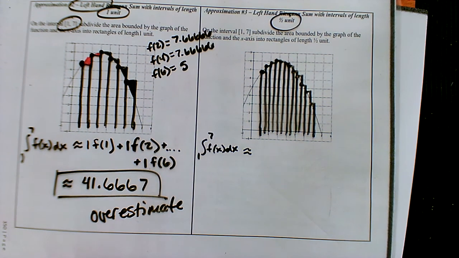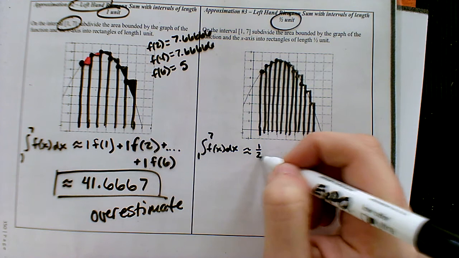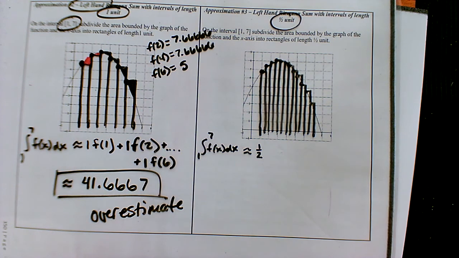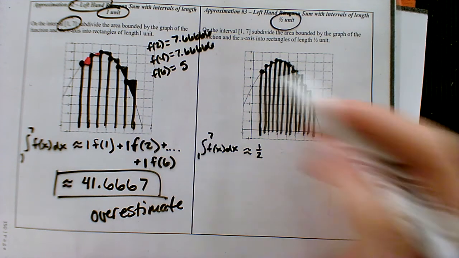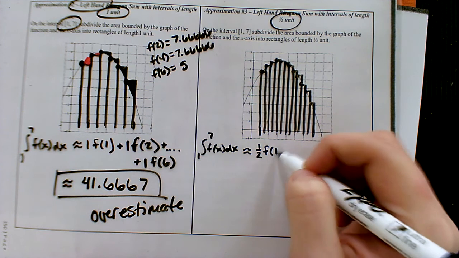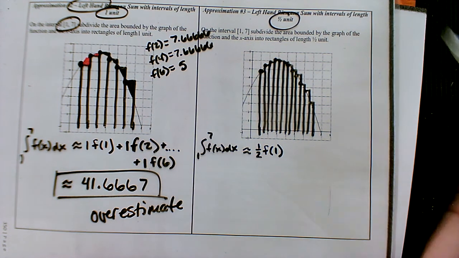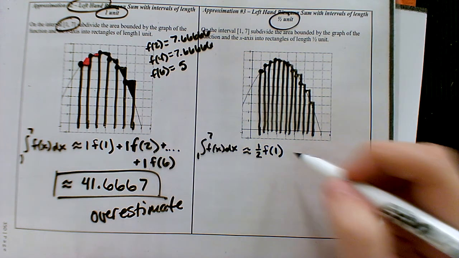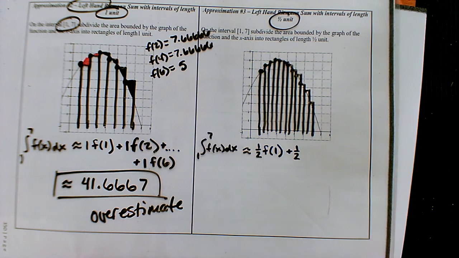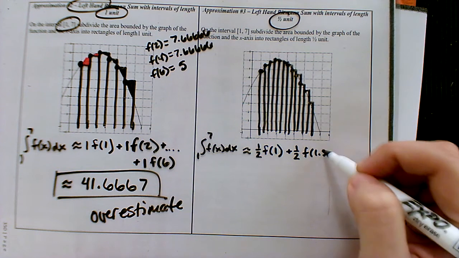All right, so one rectangle at a time. Base was a half. And we're going to use the left endpoints to get the heights. So the first left endpoint came from the x value of 1. If we move to the second rectangle, it has another base of a half. Where did its left endpoint come from? 1.5.